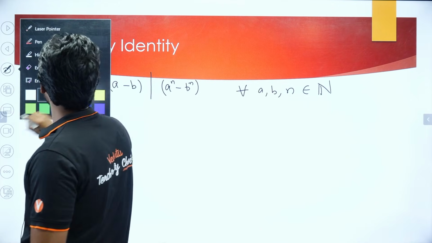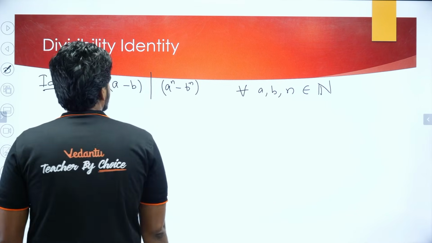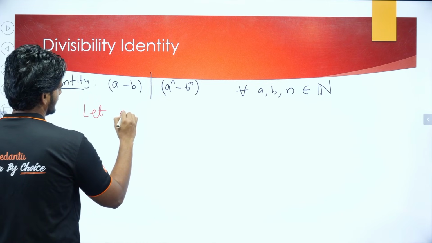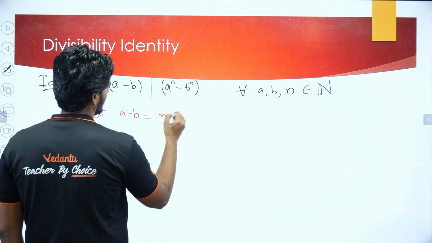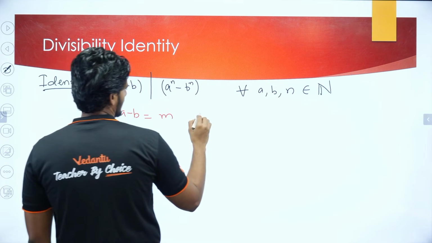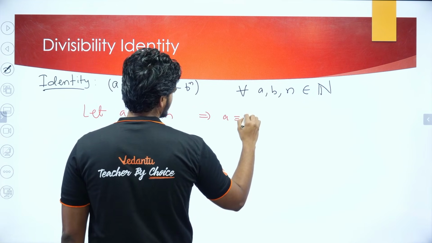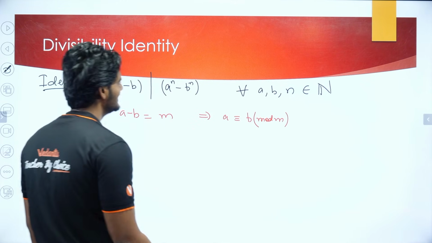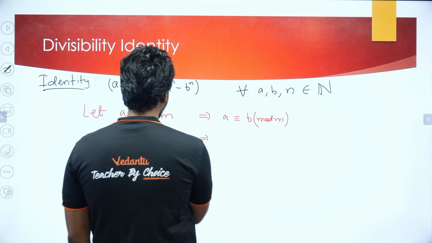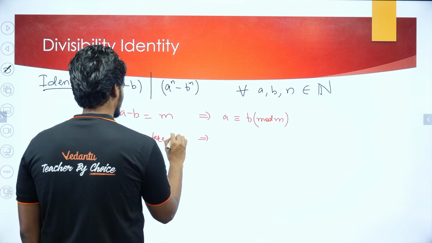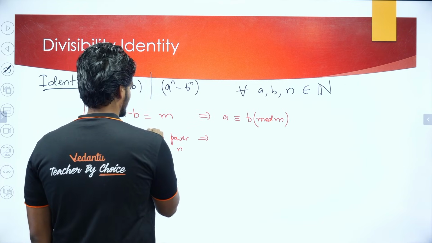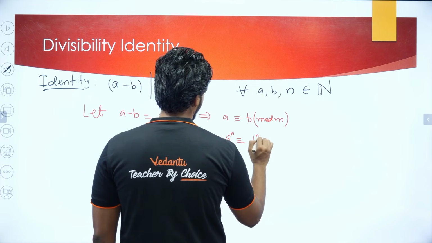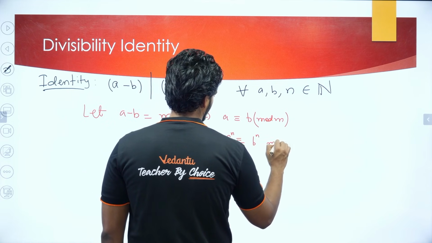So, how do we do this? Let us first see, let a minus b be equal to n. N is already used, so let us say m. That should imply that a is congruent to b mod m. So easy. Now you take power n, you get a power n is congruent to b power n mod m.